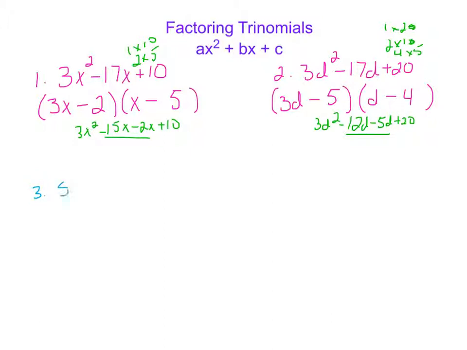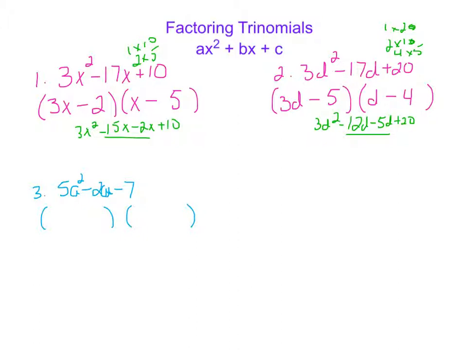In 3, we have 5a squared minus 2a minus 7. Okay, so no GCF here. Go ahead and make your two sets of parentheses. So 5a squared is prime, and negative 7 is also prime.